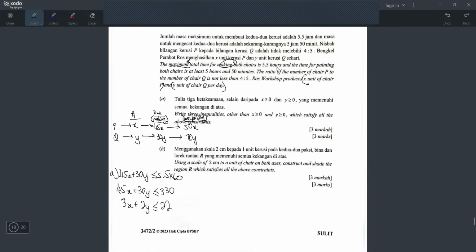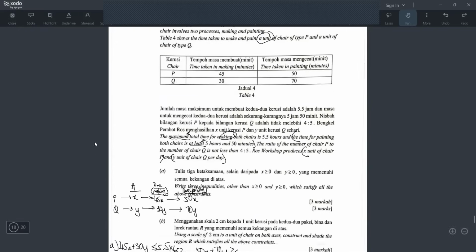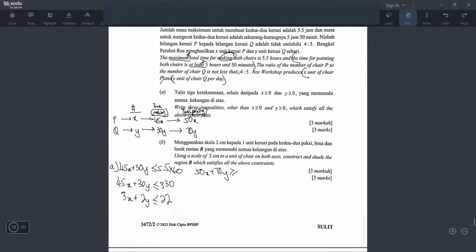Let's see what else. The time for painting both chairs is at least 5 hours 50 minutes. Okay, at least, the symbol is bigger sama dengan. So time for painting both chairs, so 50x plus 70y. But this time it is bigger sama dengan. Okay, 5 hours 50 minutes, we have to convert to minutes because everything is in minutes here. So how to convert 5 hours 50 minutes to minutes?